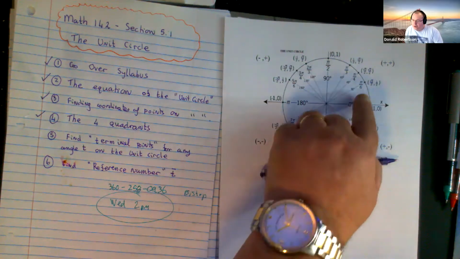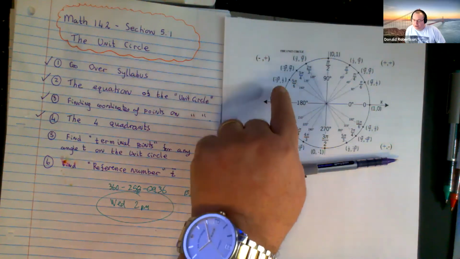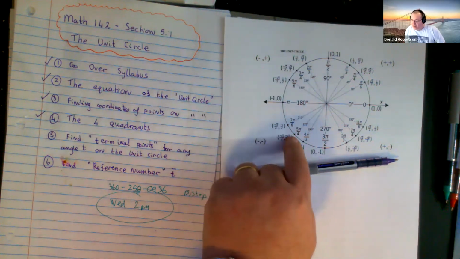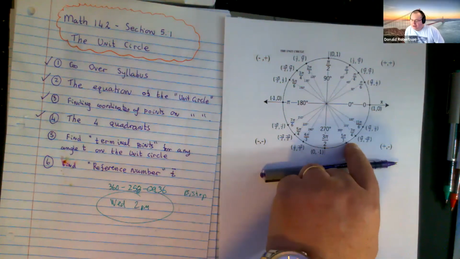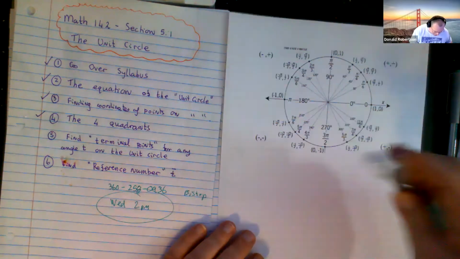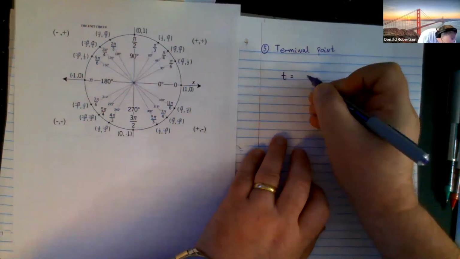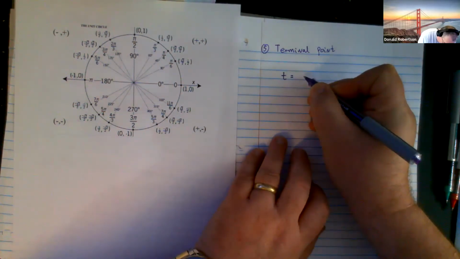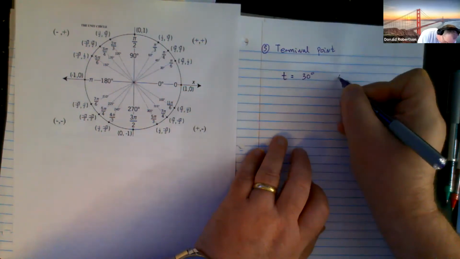Now, these points at the end, these are called terminal points. I guess you might say the end of the line points. So if I said to you, or at least they would say to you, for the angle t equals 30 degrees, what would the terminal point look like?